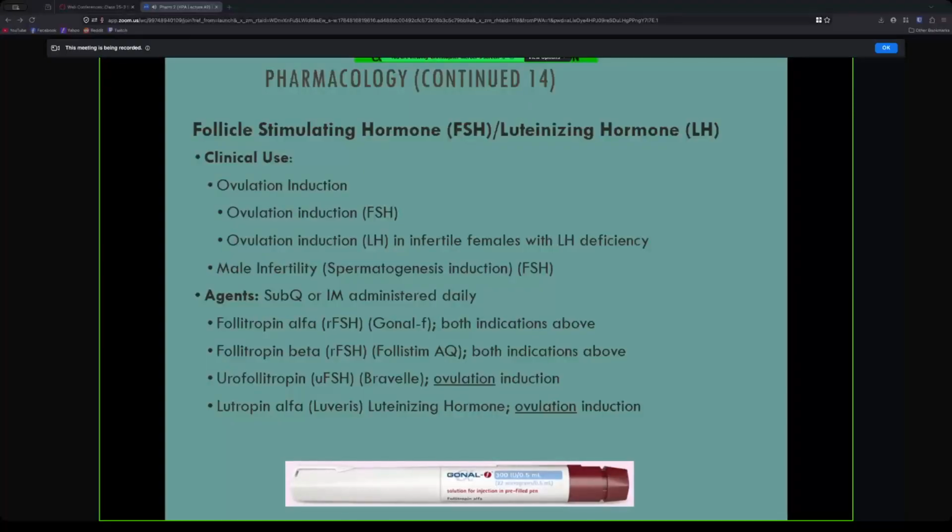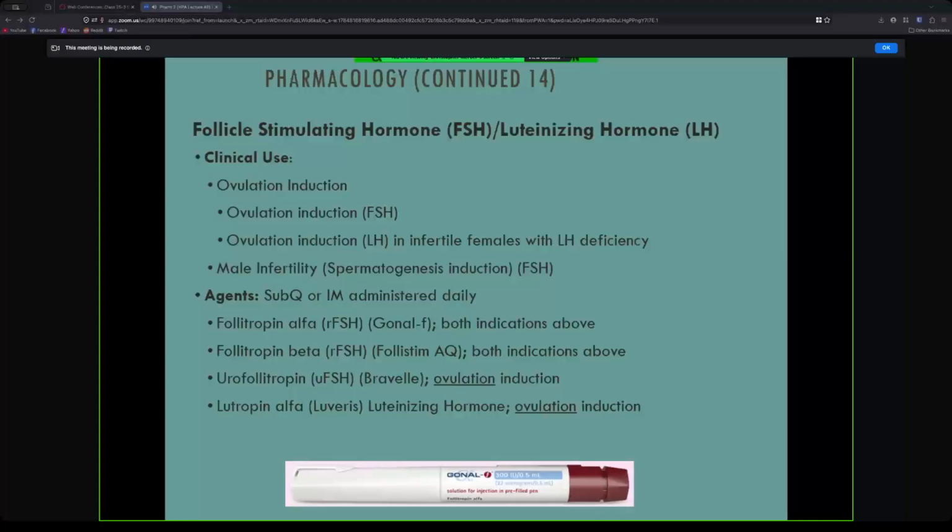And so be aware when you look down at the slide on the agents that the follitropin alpha, follitropin beta, the Gonal-F, and the Follistim, that's both for male spermatogenesis induction and also for the females for ovulation induction, the two main uses.